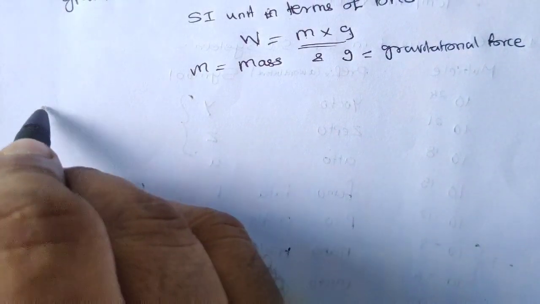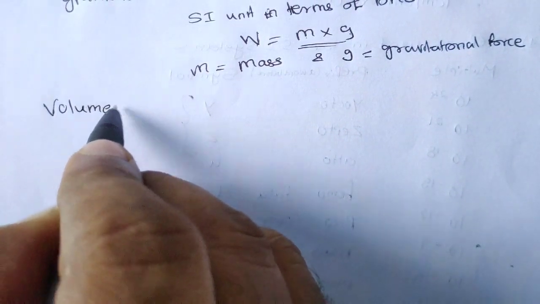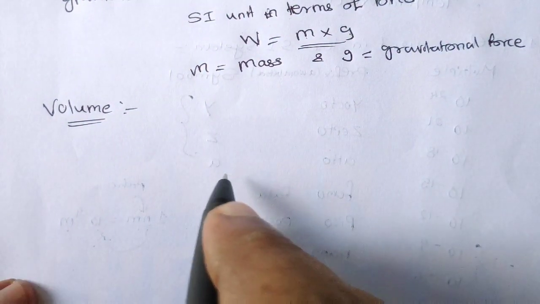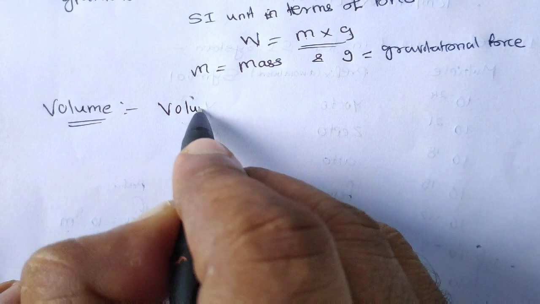Now when we talk about volume, we know the formula, if you remember. Volume is equal to length into breadth into height. But first I write the definition.